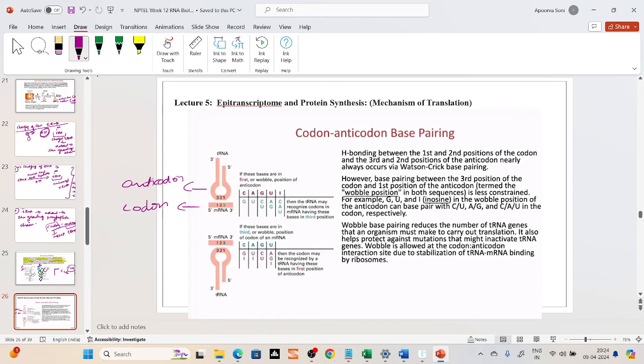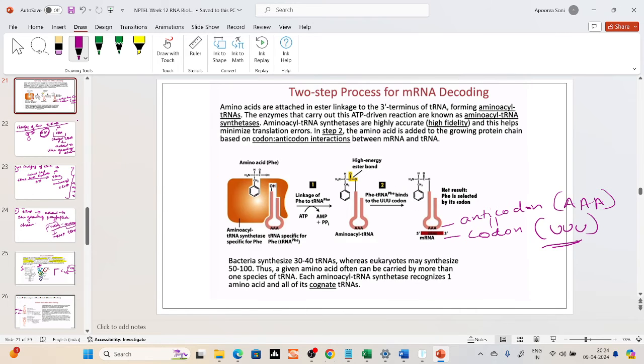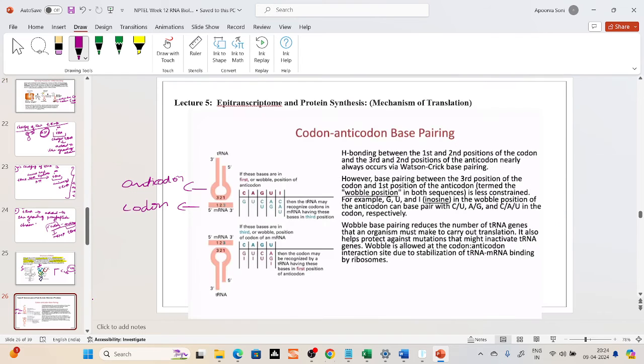So there is hydrogen bonding. Just like we saw here, there is hydrogen bonding between anticodon and codon. Okay. So hydrogen bonding between the first and second position of the codon. You can see first and second position of the codon. This is the first position, this is second position, and third and second position of the anticodon.